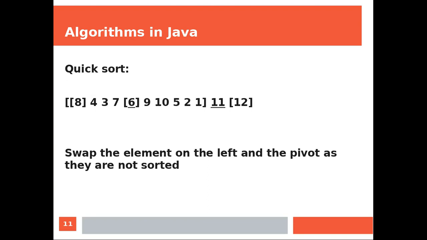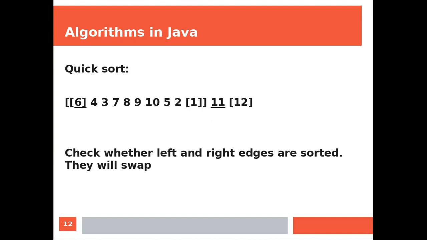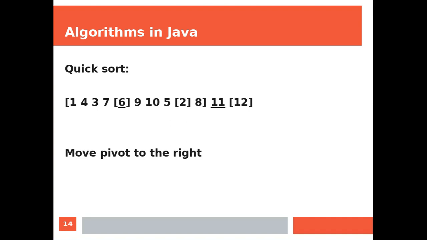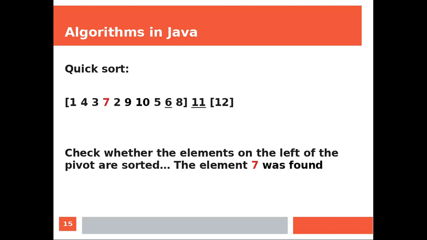Swap the element on the left and the pivot as they are not sorted. Check whether the left and the right edges are sorted. They will swap. Check whether the median and right element are sorted. They will swap. Move the pivot to the right. Check whether the elements on the left of the pivot are sorted.